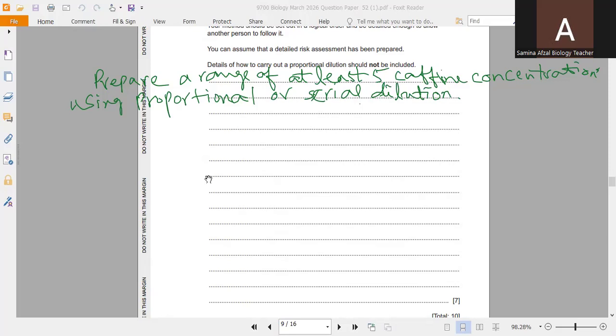Now we will write about the dependent variable.